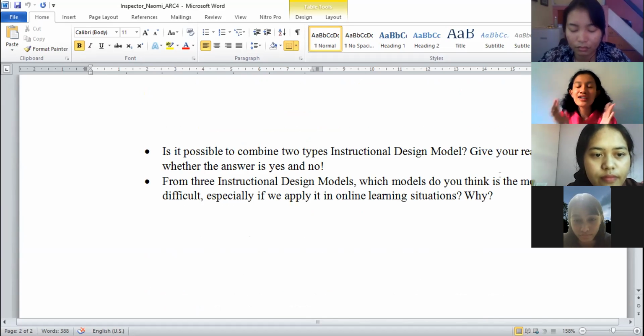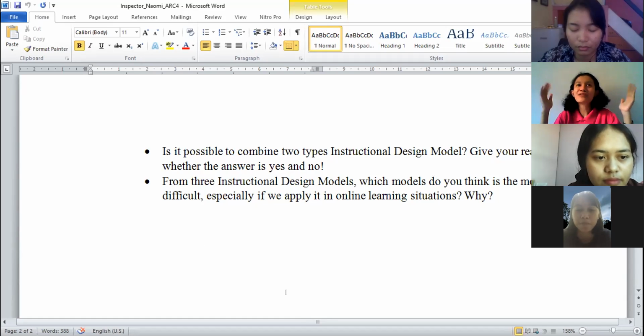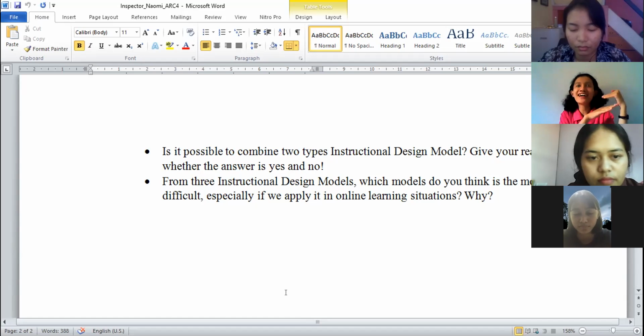Kalau iya, kenapa kalian bisa bilang bisa digabungkan? Kan pasti ada plus minusnya. Mungkin karena kita mikirnya ini yang terbaik, tapi pasti ada minusnya, sehingga kita mikir, apa digabungin ya? Itu boleh apa enggak menurut kalian?